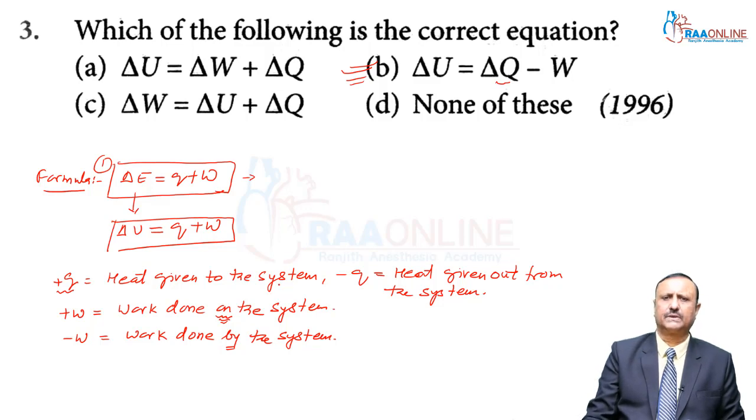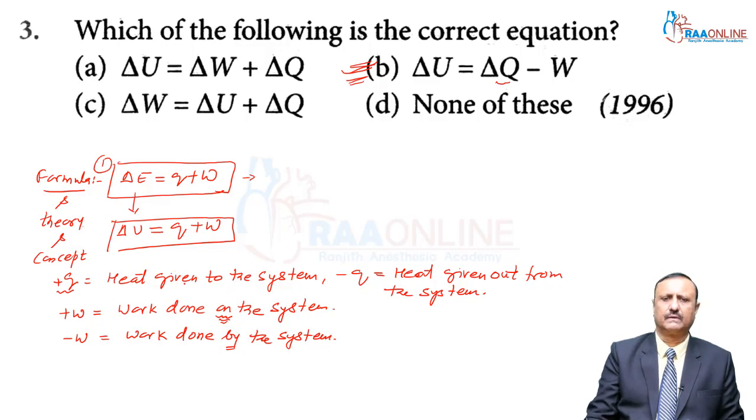When heat is given to the system and work is done by the system, the correct option is B, question number 3. This question was also asked in 1996 exams, and these are the formula, theory and concept.